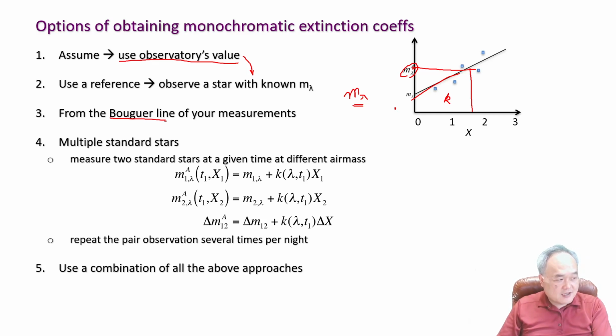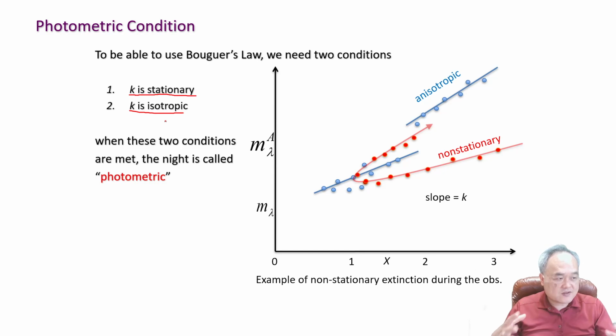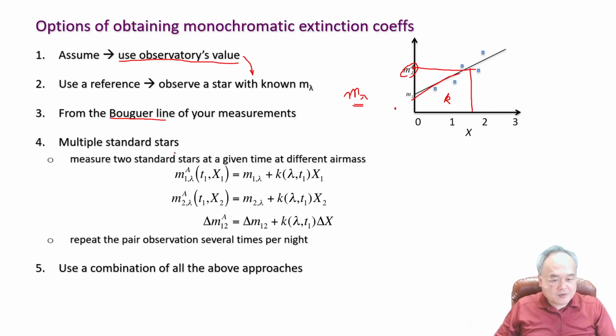Some meticulous and very careful observers obtain multiple standard star observations throughout the observation run, even within a given night. Then these multiple standard star measurements can be combined in this way.